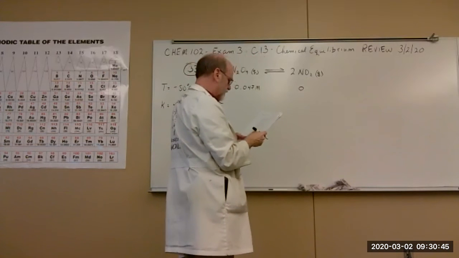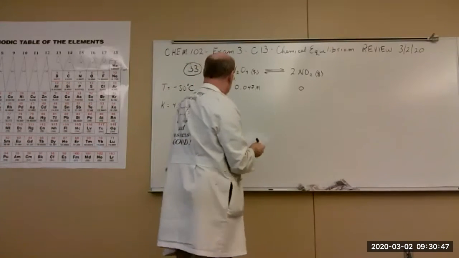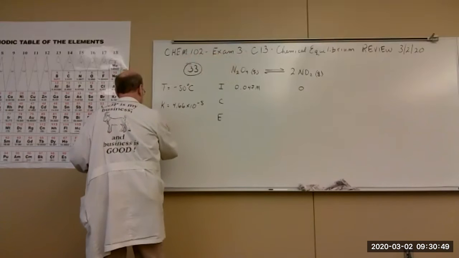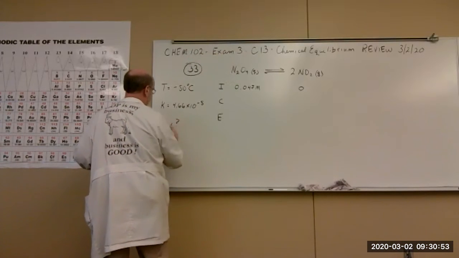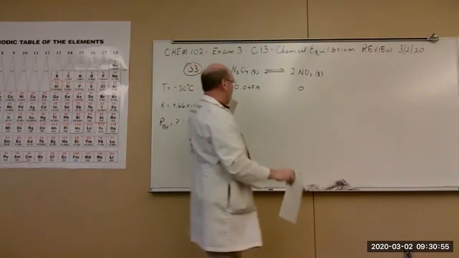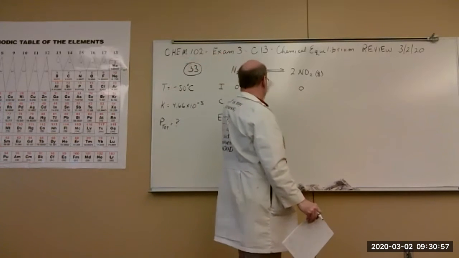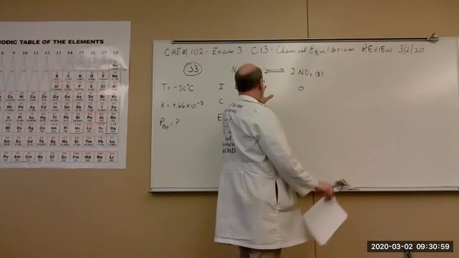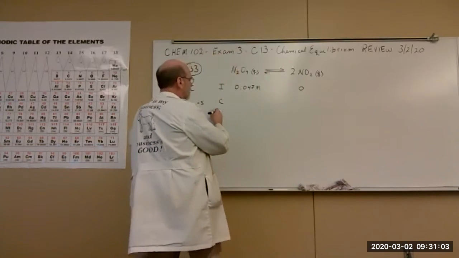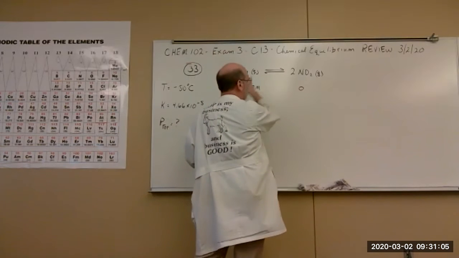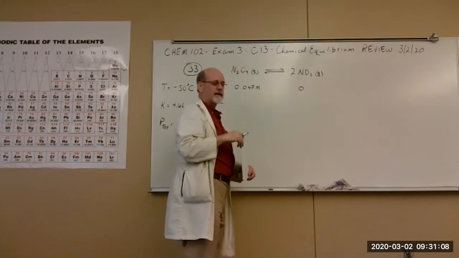The total pressure in the system at equilibrium will be. All right, so we're looking for total pressure. Since both of these are gases, and they're going to set up an equilibrium, in order to determine the total pressure, we need to know how many total moles of gas, right?